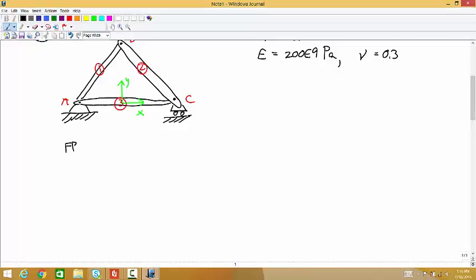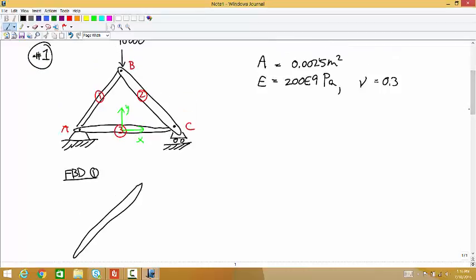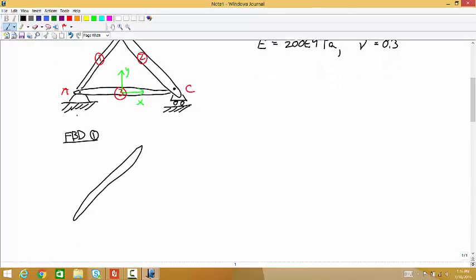Free body diagram of number 1. So the way we're going to do it is we're going to assume that at any joint the pin is connected to the lowest numbered member at that joint, which means at joint A we're going to lump the pin in with body 1.